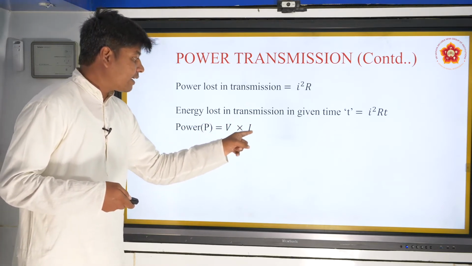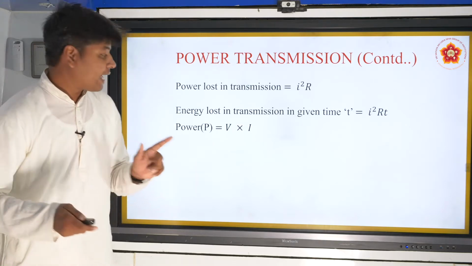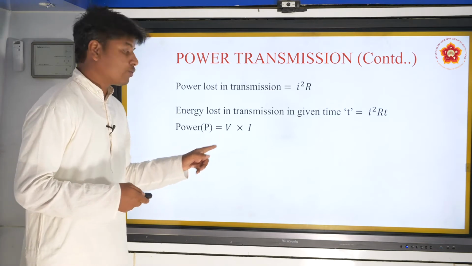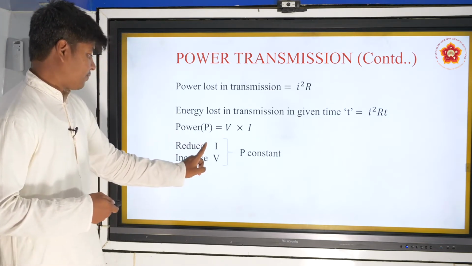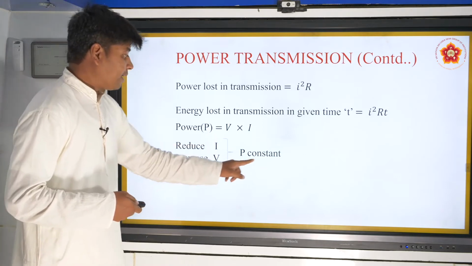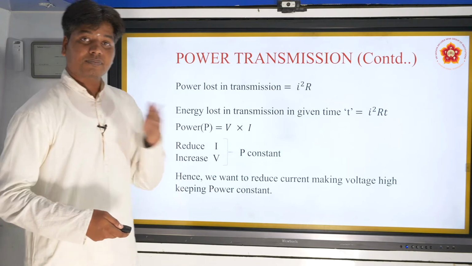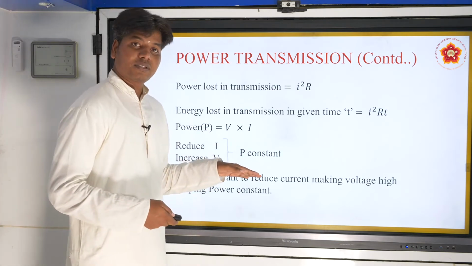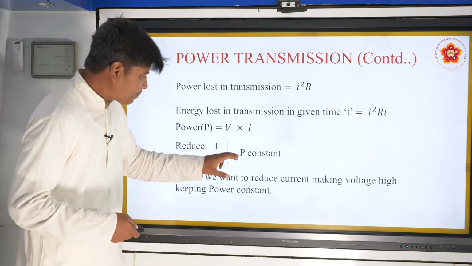If I have to decrease I, which value do I have to increase? I have to increase the voltage, right? Reducing I and increasing voltage, keeping the power constant. Understood?